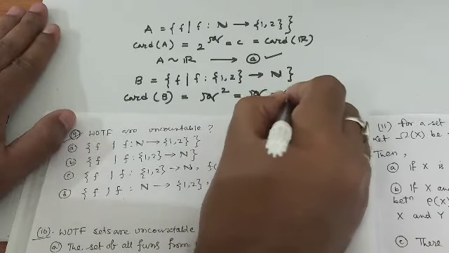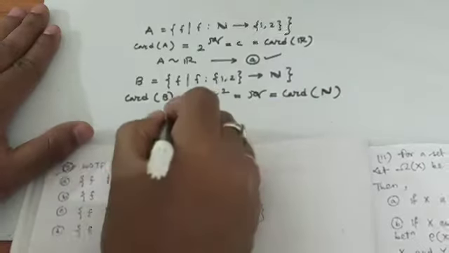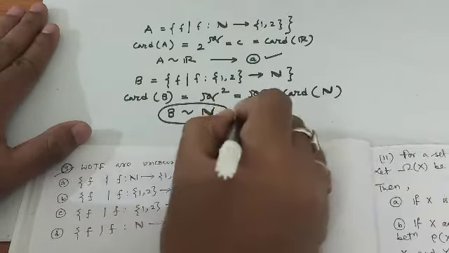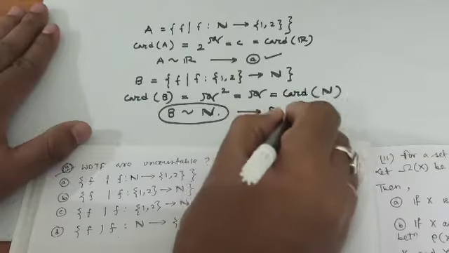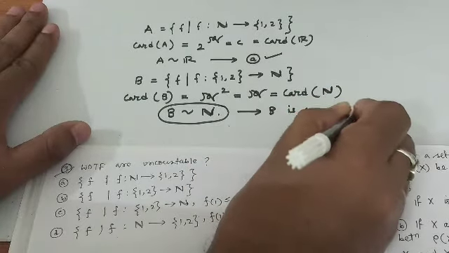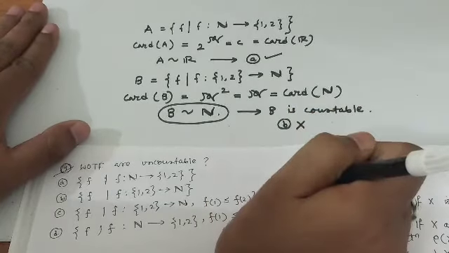This is nothing but the cardinality of N, so B is going to be equivalent with N. That implies B is countable. So B is not our answer.